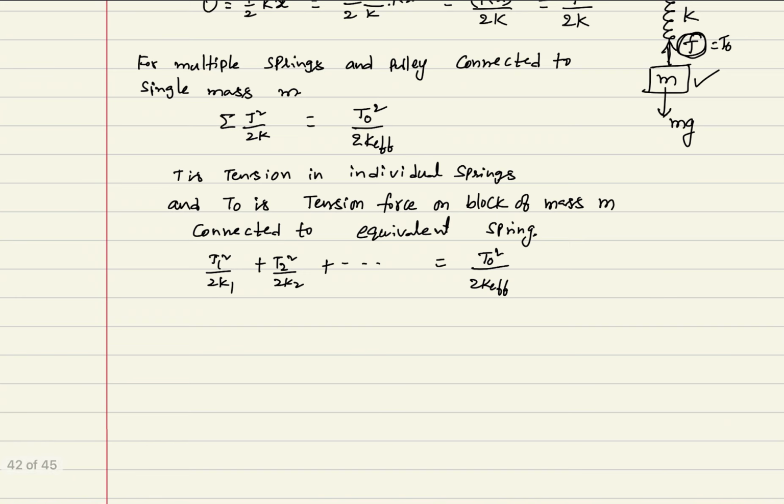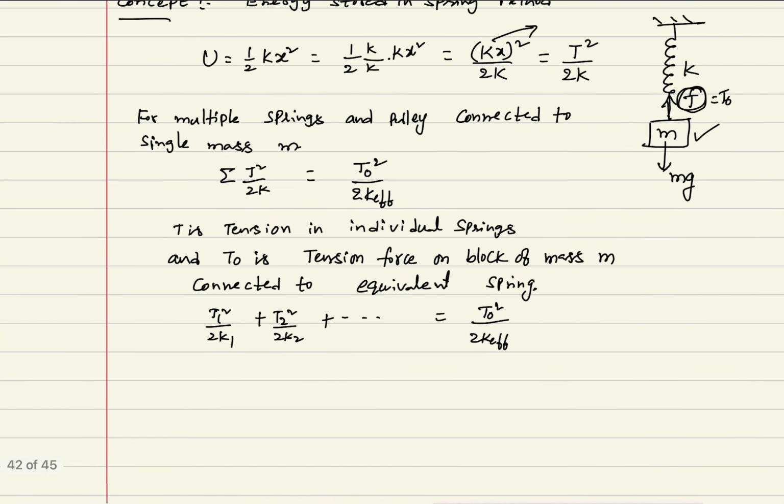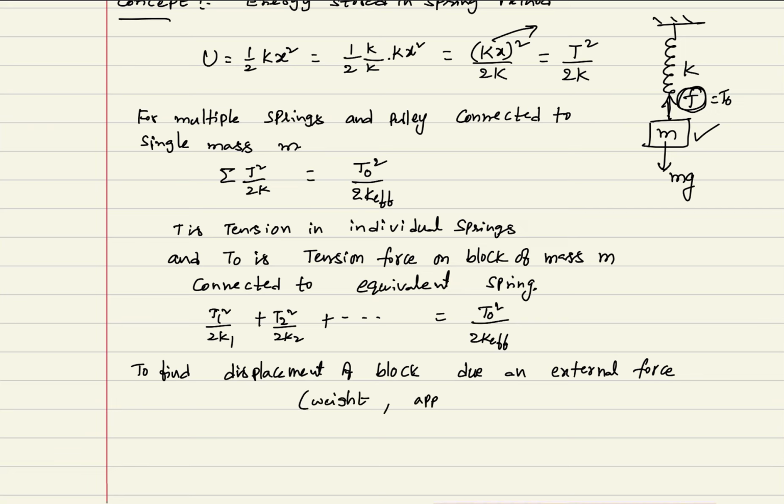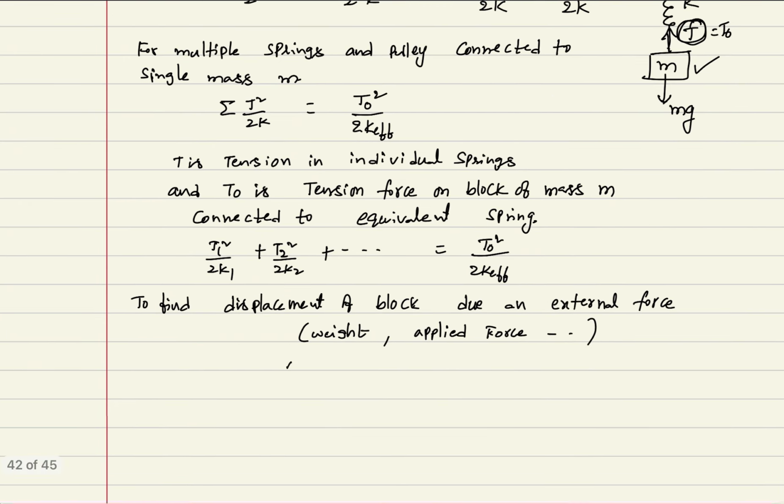Now, if you want to calculate the elongation or displacement of the block due to an external force, where that external force may be weight, an applied force, etc., that extension or displacement can be written as F, the external force, divided by K effective.